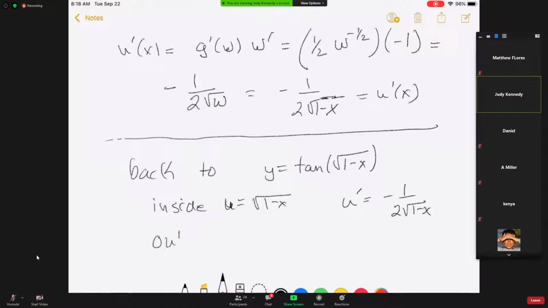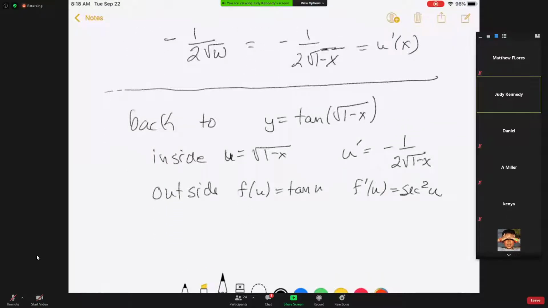And our outside was f of u equal to the tangent of u. So f prime of u is the secant squared of u. And that means then that y prime is the secant squared of u times u prime.